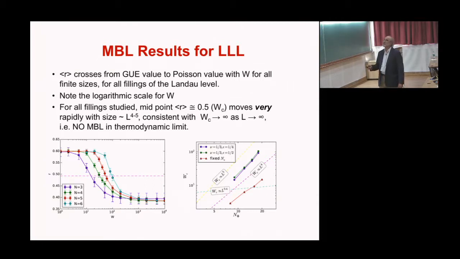That's fine. So what we found, what Scott found was that as you increase the disorder, and notice this disorder is on a log scale, covering several orders of magnitude. We're starting with disorder that's of the order of 1, and we're going up to 10 to the 4. And these are different sizes, and one other thing that we can vary is the filling in the Landau level.